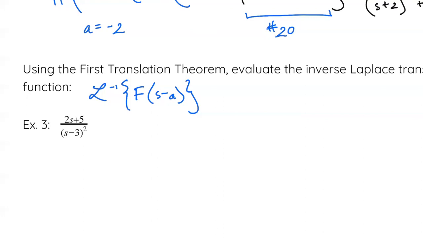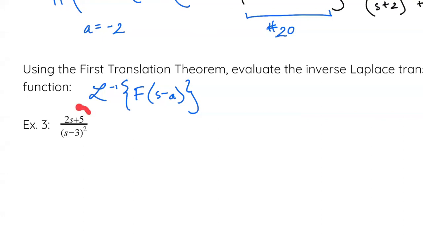So if we look at example number 3, how do we think that this is being translated? Yeah, exactly.